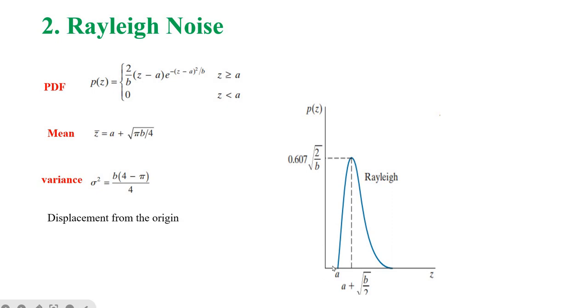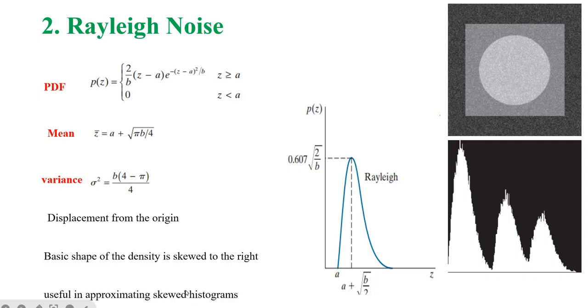Here there is a displacement from the origin, and the basic shape of the density is skewed towards the right. So the Rayleigh density is useful in approximating skewed histograms. This is the figure after adding the Rayleigh noise, and this is the histogram for the Rayleigh noise after adding the noise to the original image.